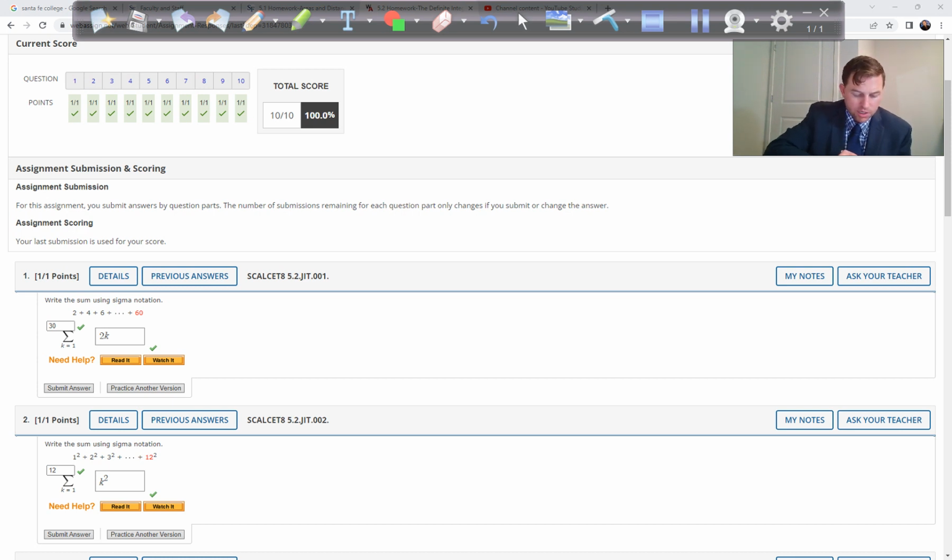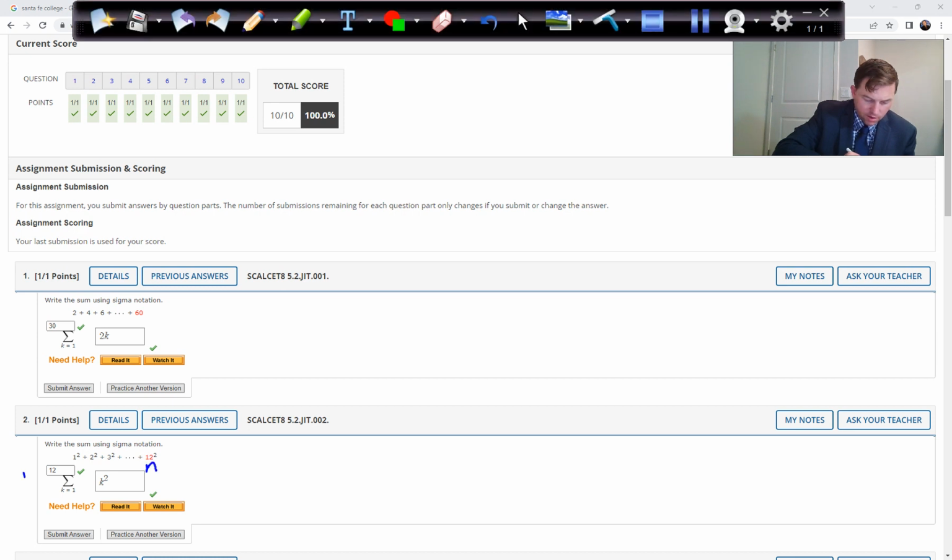So the function's pretty simple. It's just k squared, where k starts at 1 and it stops at 12. So I guess there's really nothing to show here. We just know that this is n, so we write n is 12. It starts at 1, and clearly each of these numbers is being squared.